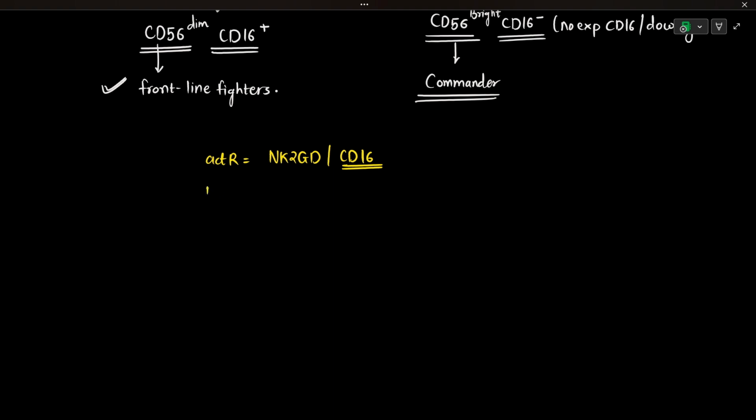On the contrary, there exist some inhibitory receptors such as KIR, which is killer cell immunoglobulin like receptors.